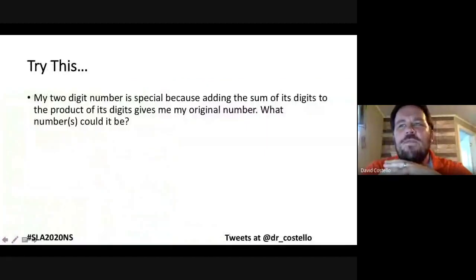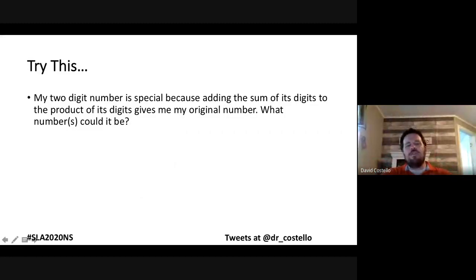So here's what I want to give to you. I want to give you another math task. So here it is. My 2-digit number is special because adding the sum of its digits to the product of its digits gives me my original number. What number or numbers could it be?